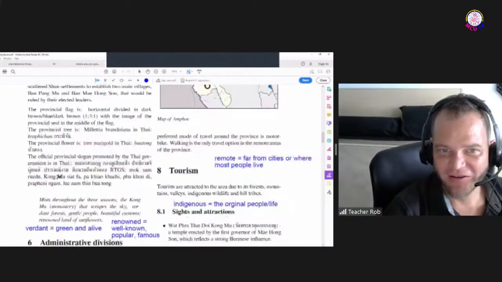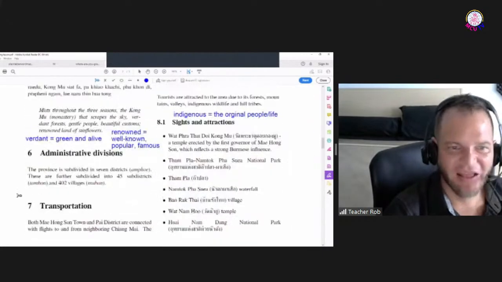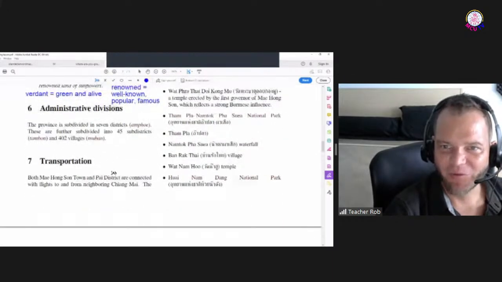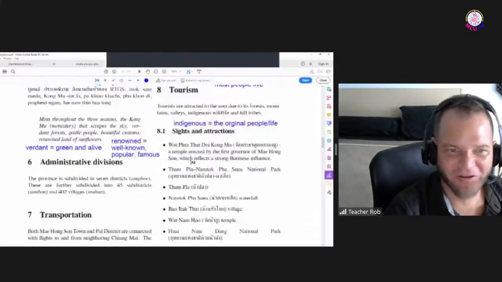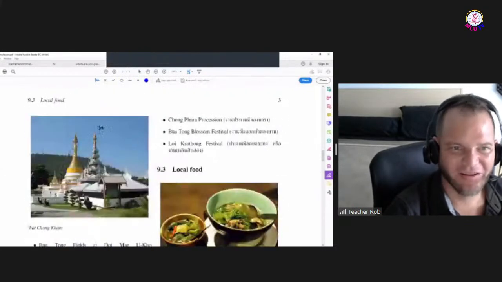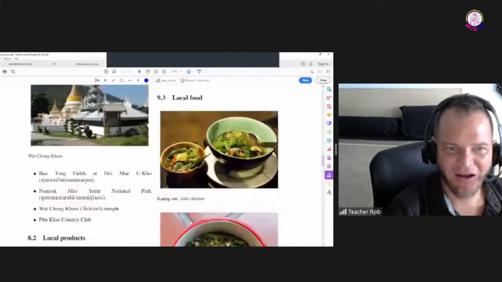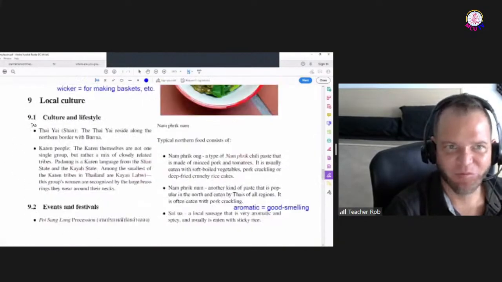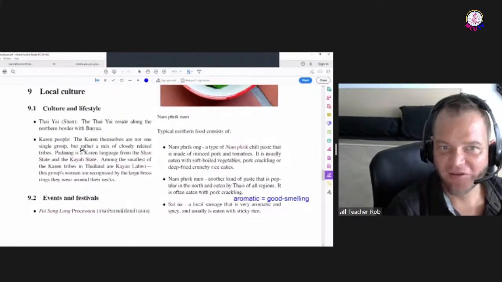How it's divided into all the districts and sub-districts, how you get there, how you get around there. And finally, we looked at what you see and do while you're there. Temples, festivals, waterfalls, all that kind of stuff, local products you can buy. And then finally we looked at some events you can see and the food of the people. The two main types of people are the Karen and the Thai.